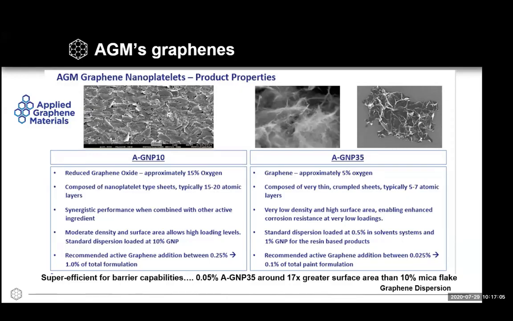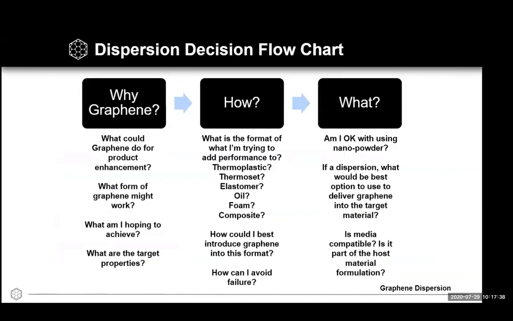So typically 0.025% up to about 0.1% in a paint formulation. Key attribute with this material is its impermeability and adding to the tortuosity through a coating compared to other materials that are typically used in a coating application. So it's a super efficient material, and at very low loading level we see a huge increase in the surface area compared to materials that are conventionally used.